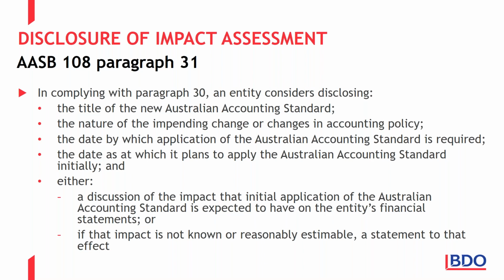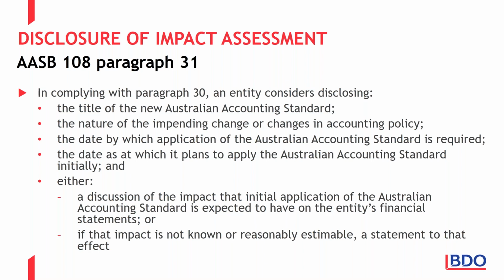The title of the new Australian accounting standard, the nature of this change or changes in accounting policy, the date by which the application is required, the date as at which it plans to apply the standard initially, and then either a discussion of the impact that initial application is expected to have, or if that impact is not known or you cannot come up with a reasonable estimate, a statement to that effect.